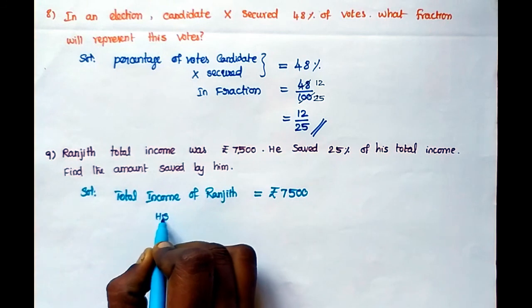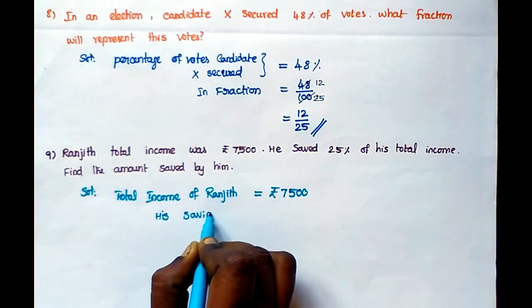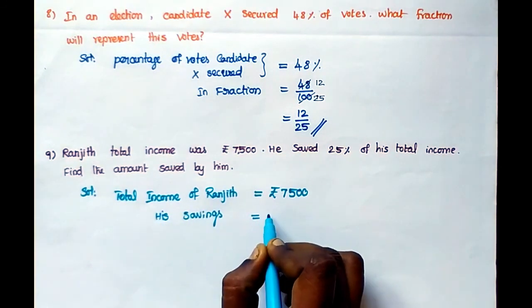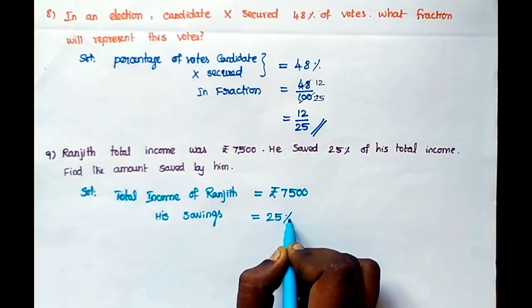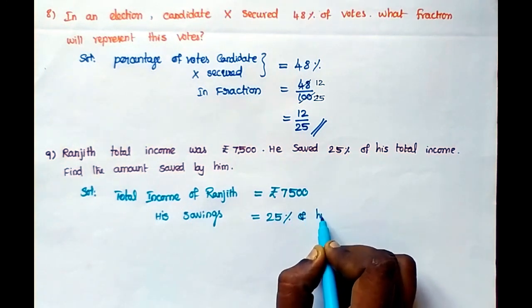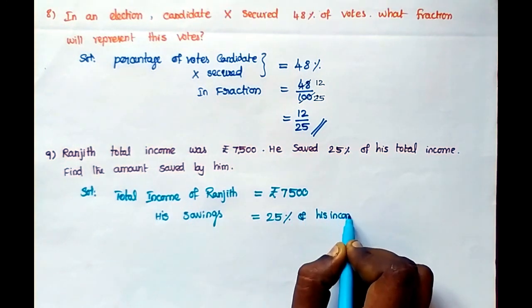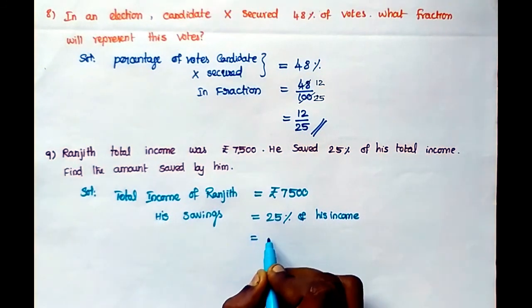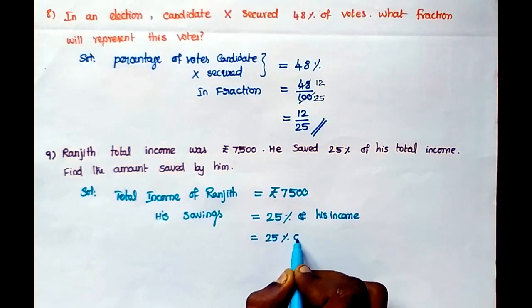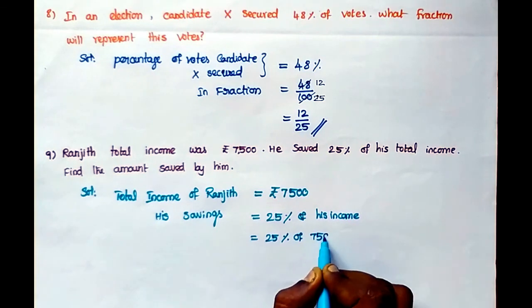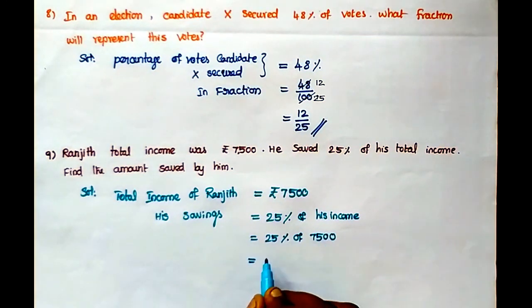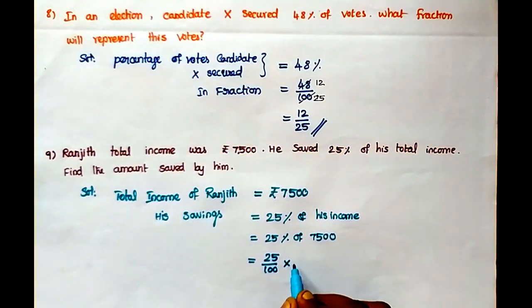His savings equal to 25% of his income. So that means 25% of 7,500. Now how will you write the 25%? 25 by 100 into 7,500.